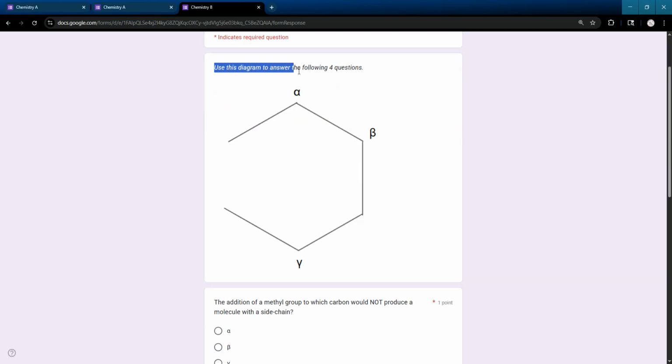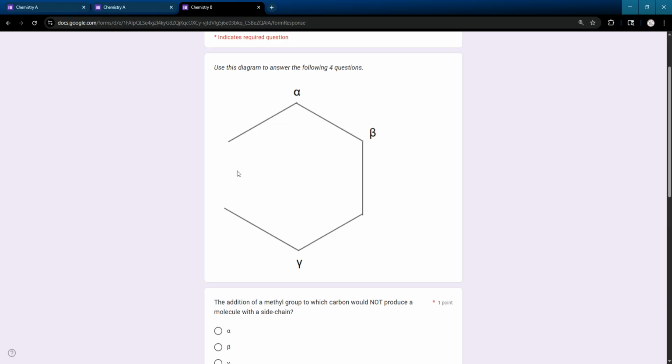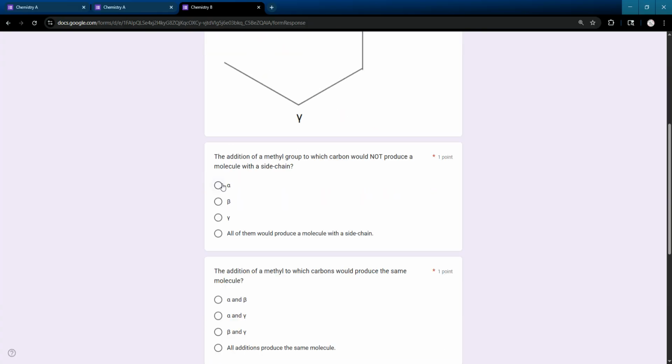Use this diagram to answer the following 4 questions. That's the diagram. I assume it just ends there, it's not on purpose. The addition of a methyl group to which carbon would not produce a molecule with a side chain?